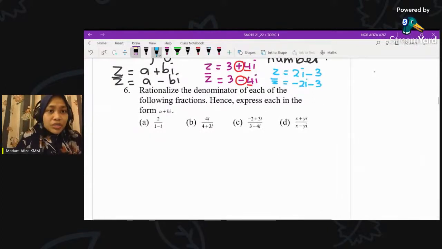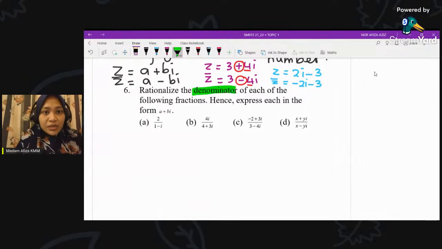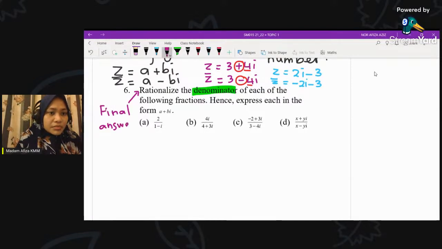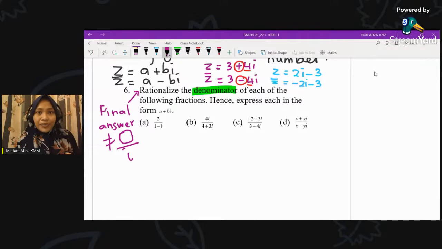So when we want to rationalize the denominator of the following fraction that involves complex number, rationalize means our final answer doesn't have any I. Say here is a number over I. It cannot be, the denominator has I. So you must make sure your final answer doesn't have any I in the denominator. So all of these are not the final answer because we can see that there's I in the denominator.